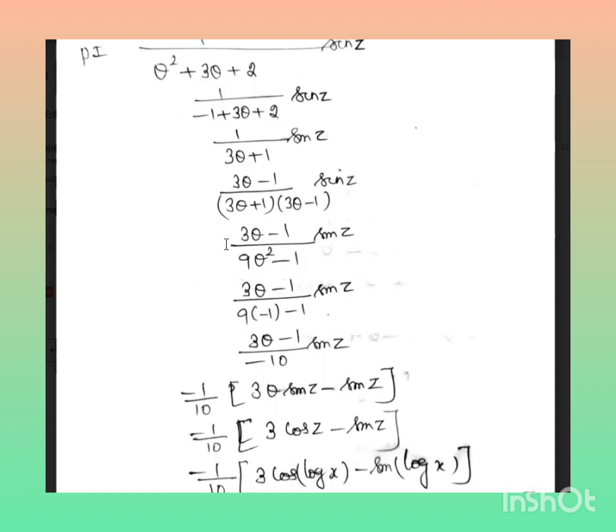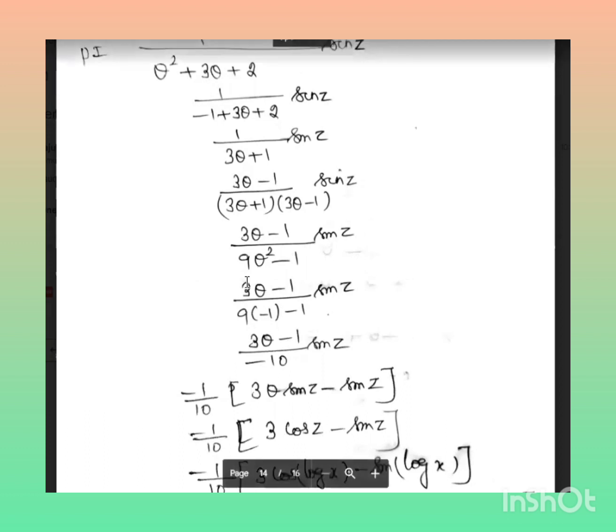In the denominator, a plus b into a minus b can be written as a square minus b square. 3 theta plus 1 into 3 theta minus 1 can be written as 9 theta square minus 1 into sin z. So 3 theta minus 1 divided by 9 theta square minus 1 into sin z.